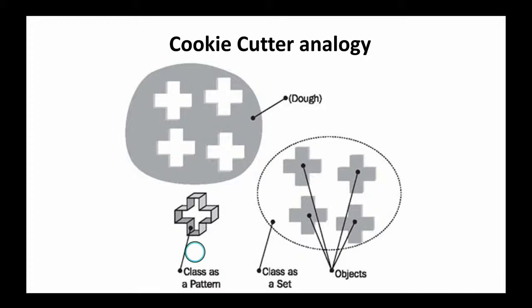The cookie cutter is like a pattern that you're going to use to create these biscuits or cookies. So think of the cookie cutter as being your class, and you use the cookie cutter to make your individual cookies, and these individual cookies are the objects that you make from the pattern, the cookie cutter.